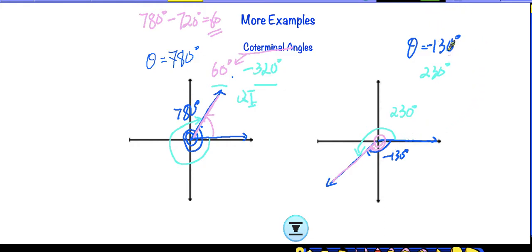My way I think about this one is 360 plus 130. This is gonna be 490. But since I'm rotating in clockwise direction, this is just negative 490.